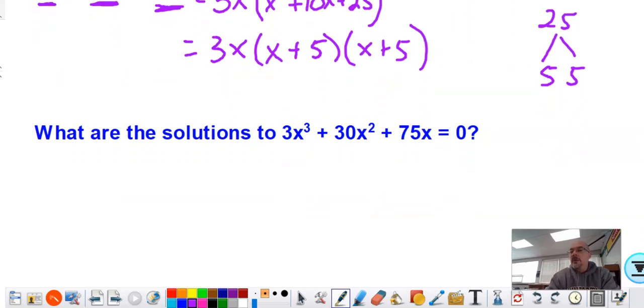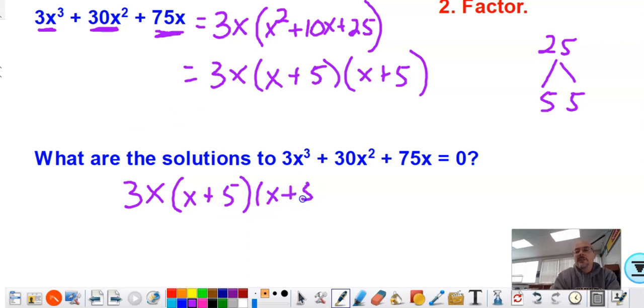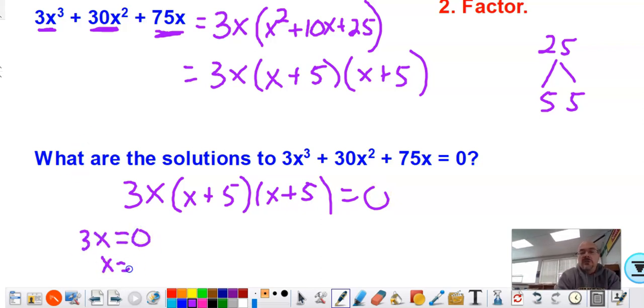Okay, now down here, if I want to know the solutions, so I've got 3x times x plus 5 times x plus 5. I set it equal to 0. Okay, well, if I set 3x equal to 0, what does x equal? 0. 3 times 0 is 0, folks. So one of my solutions is 0.